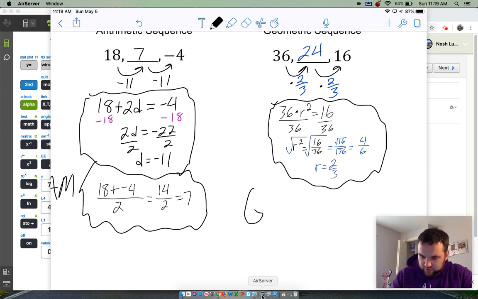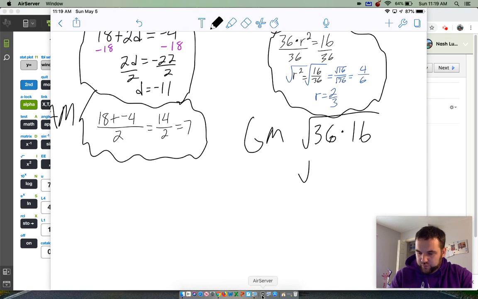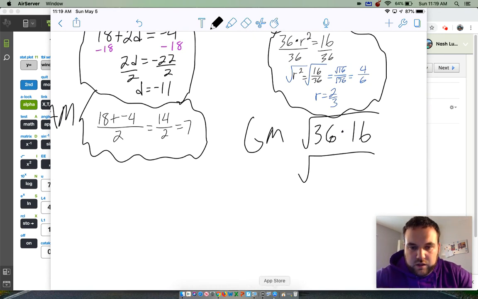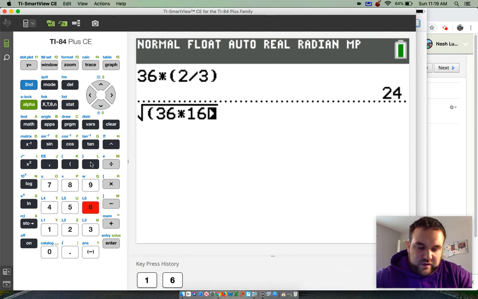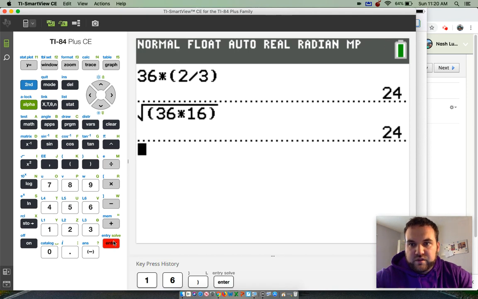So the geometric mean is where you take the numbers and multiply them on either side of your missing value. So 36 times 16, then I'm going to square root that answer. So if I square root 36 times 16 in the old calculator, these parentheses aren't necessary on this calculator, but on some of the TI-83s there are.